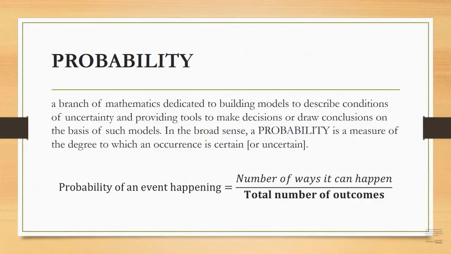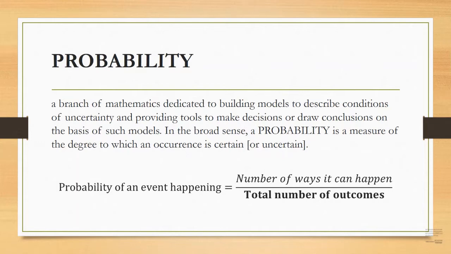So the definition of probability is that it's a branch of mathematics dedicated to building models to describe conditions of uncertainty and providing tools to make decisions or draw conclusions on the basis of such models. In the broad sense, a probability is a measure of the degree to which an occurrence is certain or uncertain.